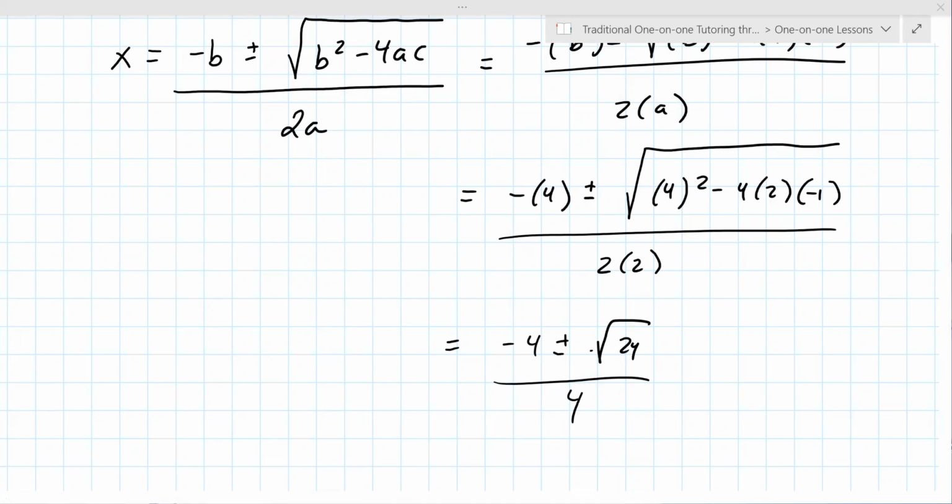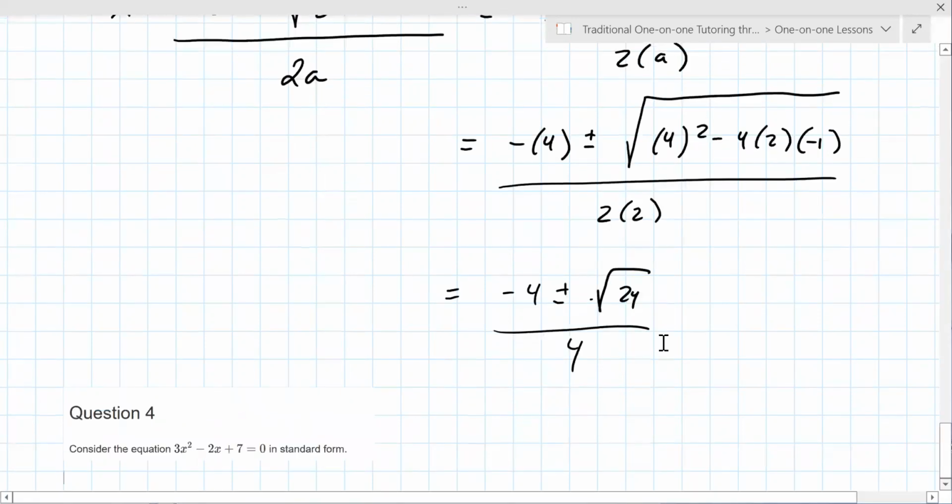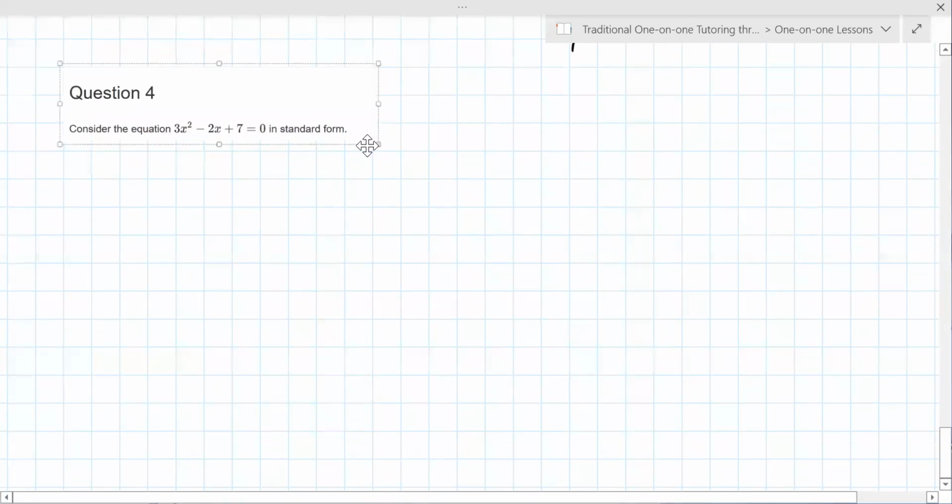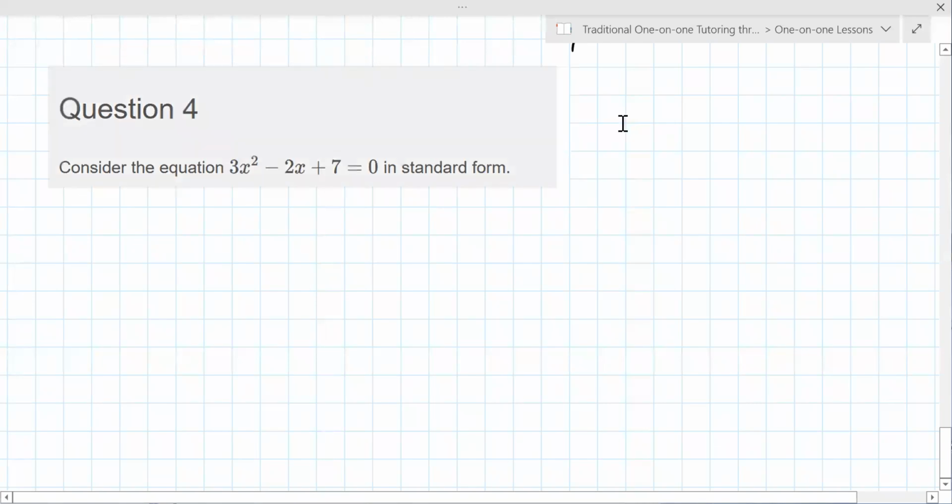So let me give you another problem here to look at. So we want to solve this equation using the quadratic formula. So do you have the quadratic formula written down? Yep. All right, could you tell me it, please? Okay. Negative B plus or minus square root of B squared minus 4AC.